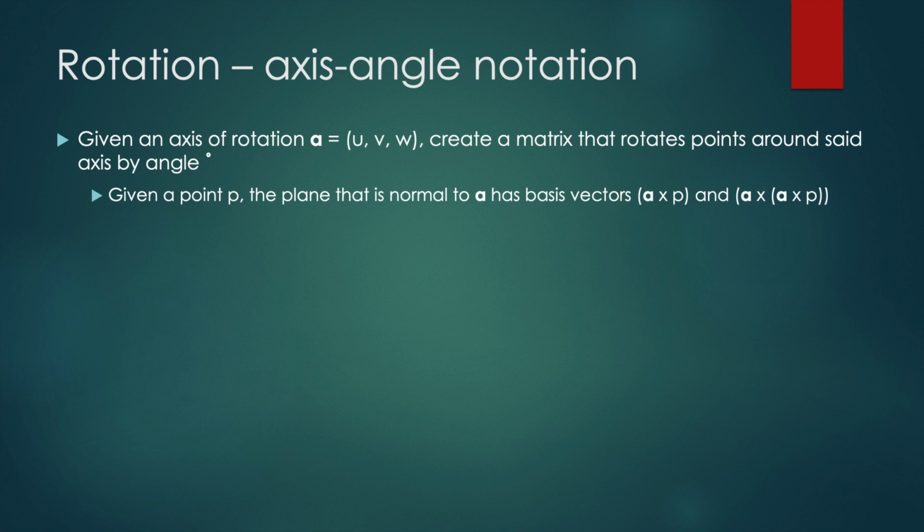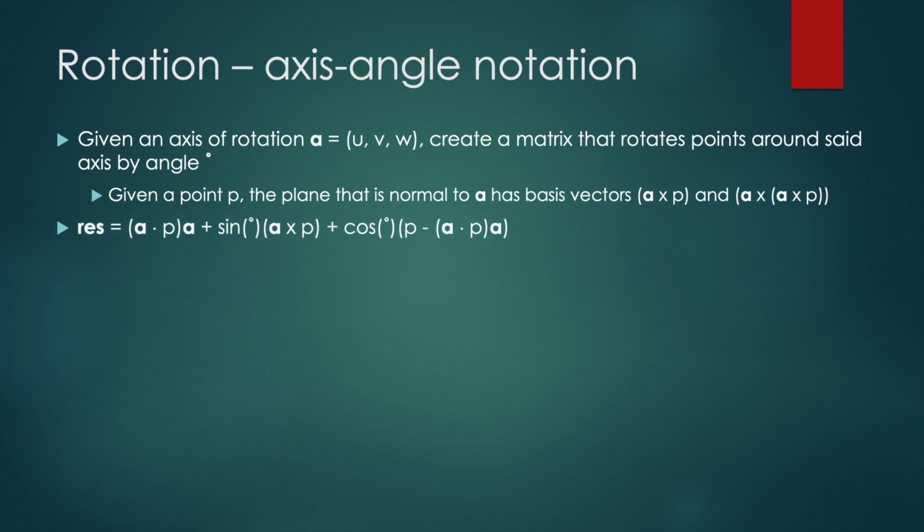So given a point P, we find the normal plane by taking the cross product of A and P to find the first basis vector, then cross it again with A to find the second basis vector. And note that when you cross it with A again to get that second basis vector, you've produced the additive inverse of the difference vector between the point P and A.